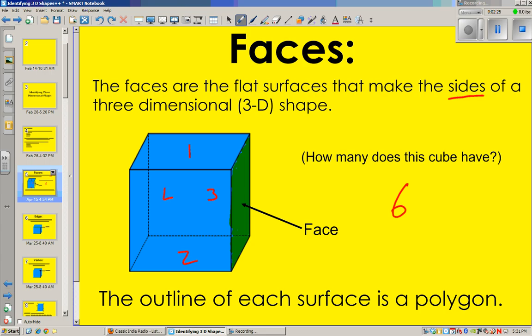We'll call the front face 4, and if you think about the front, that's the one that's outlined here, and the back was this one that's outlined here. So we're at 4. Then I've got this side as 5, and then this last face that I highlighted green is 6. So this particular figure has 6 faces.